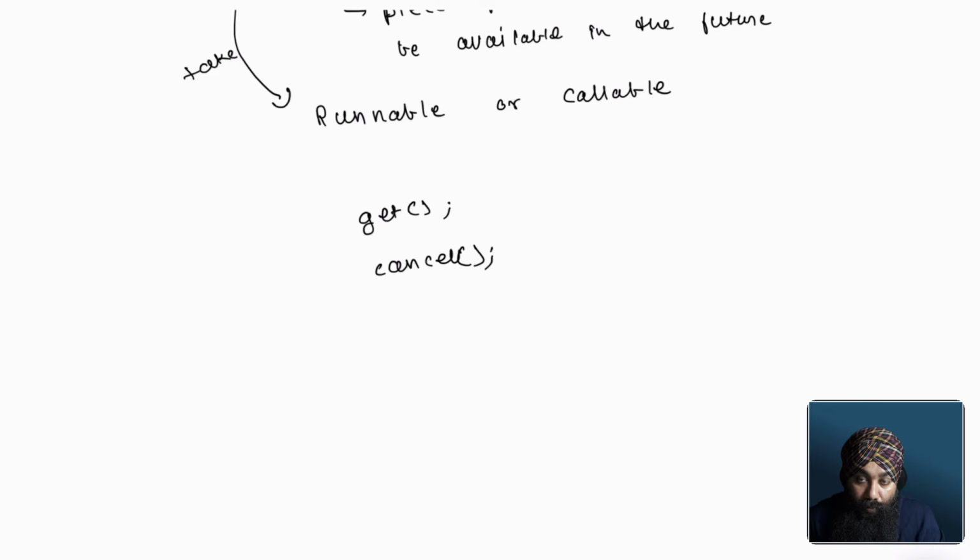But if you wrap your runnable or callable in a future task, then you can cancel it. You can also check whether it is completed or not, using isDone. Using this, you can check whether that piece of computation, callable, runnable, whatever, is completed or not.